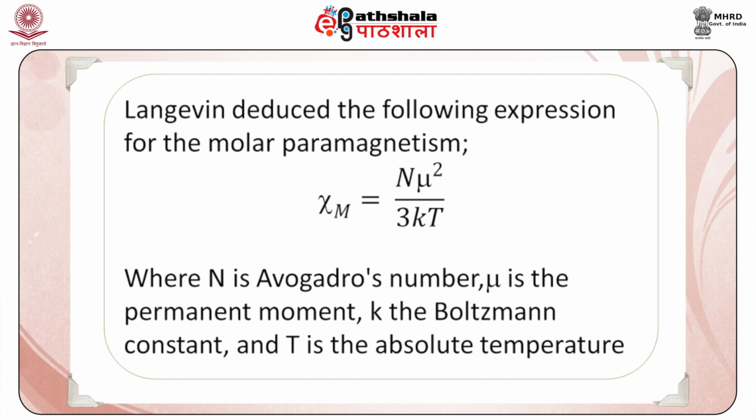where N is the Avogadro's number, μ is the permanent moment, k the Boltzmann constant, and T is the absolute temperature. A precise expression will also include a term for the relatively small diamagnetic part of the susceptibility.